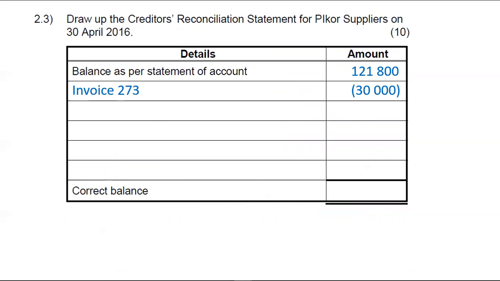Remember, they said we bought from them for 50,250 when we actually bought for 20,250. So the difference must decrease what we owe them in their statement by 30,000. And then there was a receipt of 84,000, which doesn't relate to us. We didn't make that payment. Therefore, we have to get it back because we actually did not make that payment.